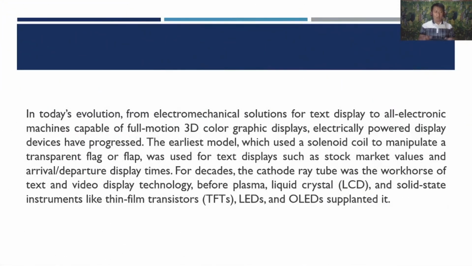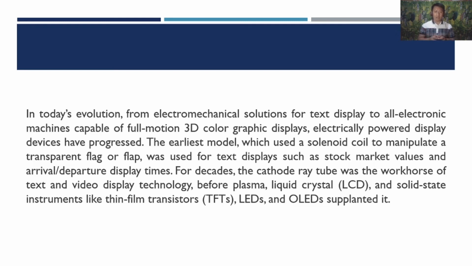So in today's evolution, from electromechanical solutions for text display to all-electronic machines capable of full motion, we now have 3D color graphics displays. Electrically powered display devices have progressed. The earliest model, which used a solenoid coil to manipulate a transparent flag or flap, was used for text display.